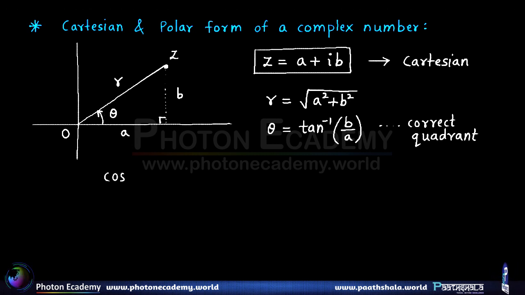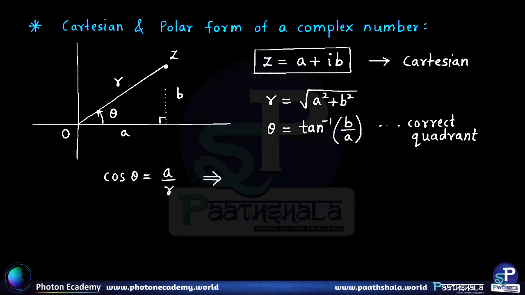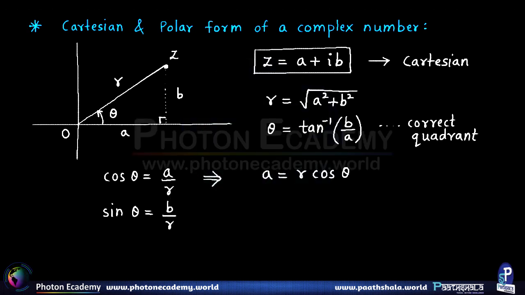So we know that cos theta is nothing but A by R, which gives us A is nothing but R cos theta, and we also know that the sine of theta will be nothing but B by R, which gives us B is equal to R sine theta.